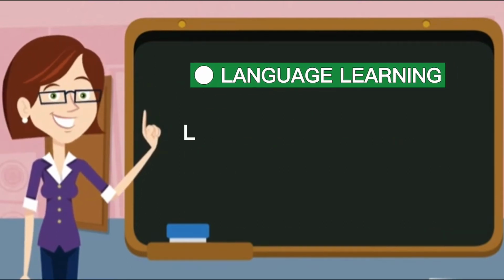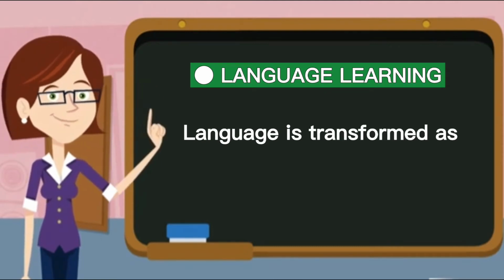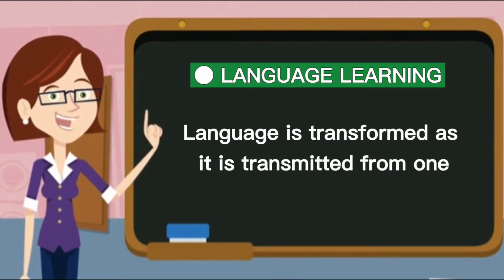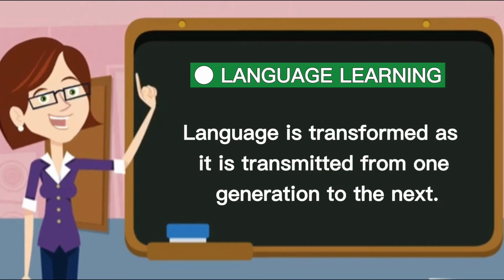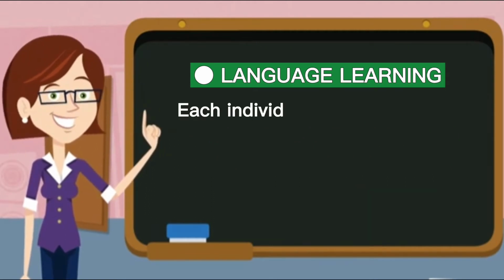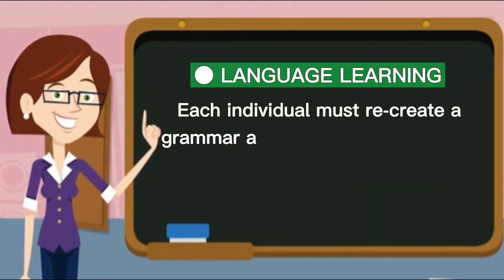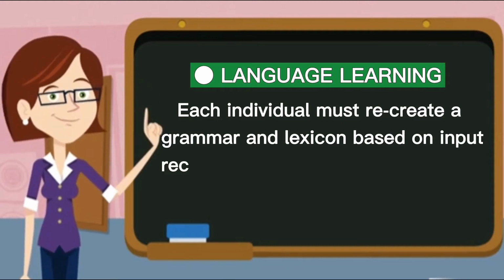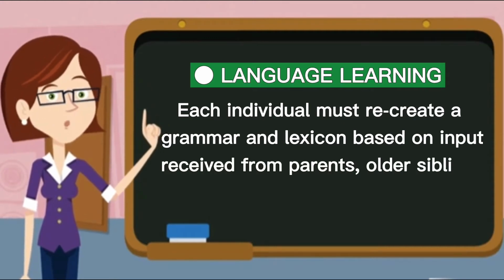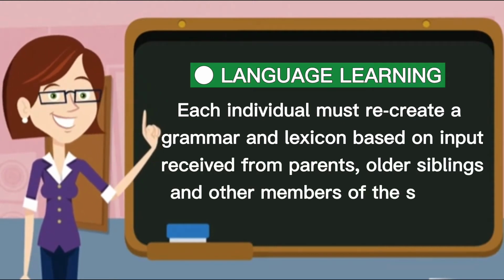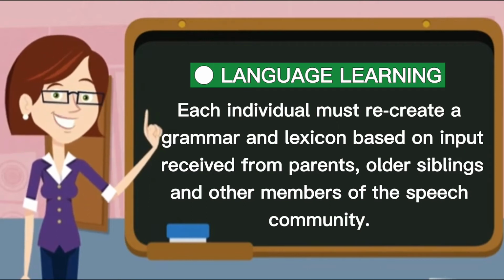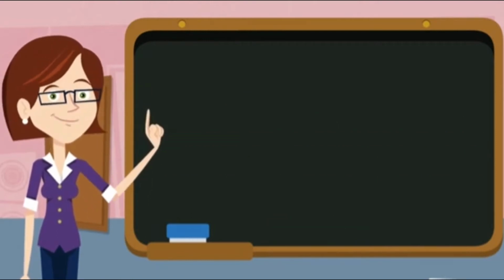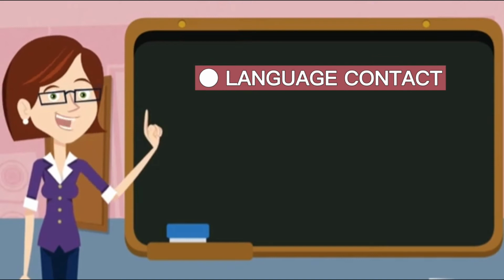Language learning. Language is transformed as it is transmitted from one generation to the next. Each individual must recreate a grammar and lexicon based on input received from parents, older siblings, and other members of the speech community. The second one is language contact.